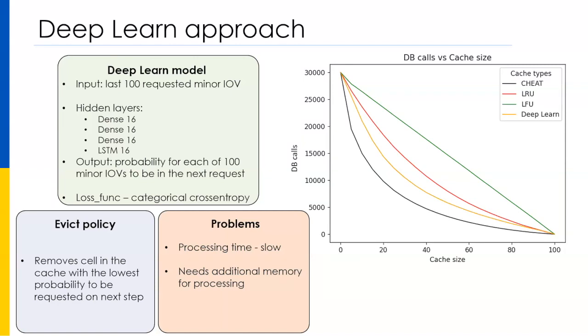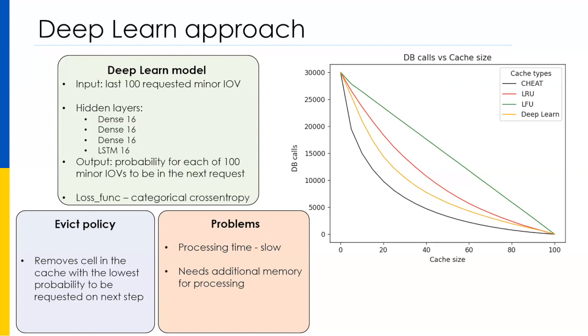So first, our point was to predict the next value, the next request, knowing what the requests were 100 steps before. So we have 100 requests before our prediction, and as a result, we predict one value on the next step.